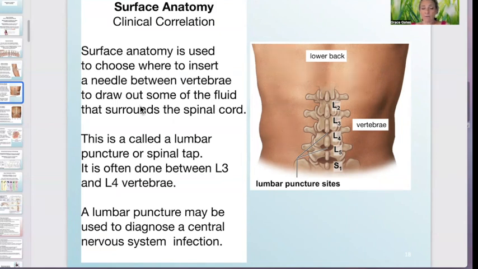These are a combination of visible spinous processes of L3 and L4 vertebrae and palpable spinous processes of L3 and L4 vertebrae. A lumbar puncture may be used to diagnose a central nervous system infection, for example, something like meningitis.